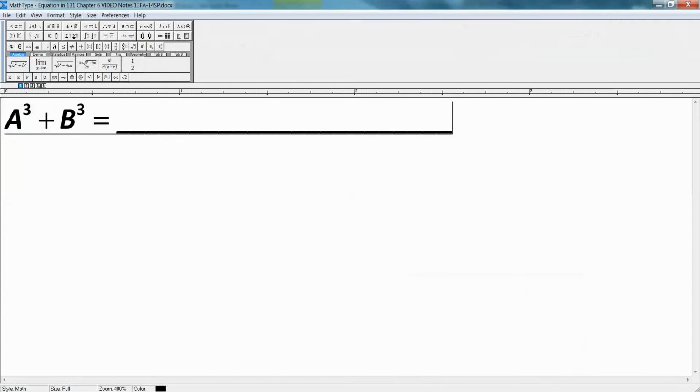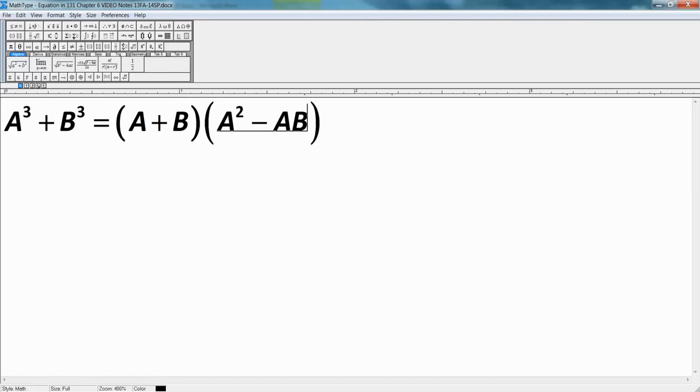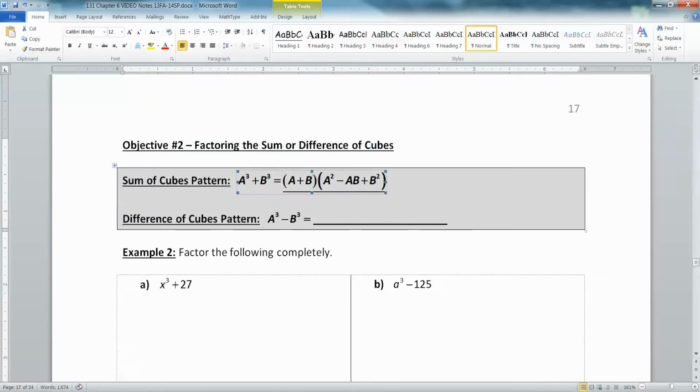So there's the sum of cubes and there's a difference of cubes. And this is a formula you do not have to memorize. This is one that is given to you on your exams because nobody needs to memorize this stuff other than your math teachers. So it's a plus b, parentheses, and then the quantity a squared minus ab plus b squared. All of that together makes the sum one.